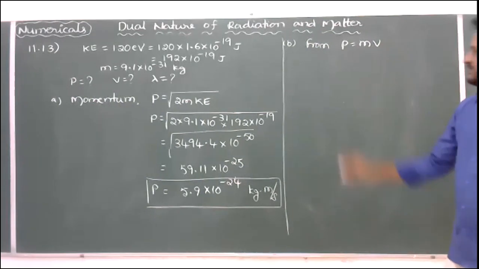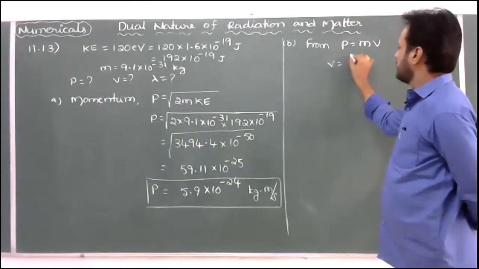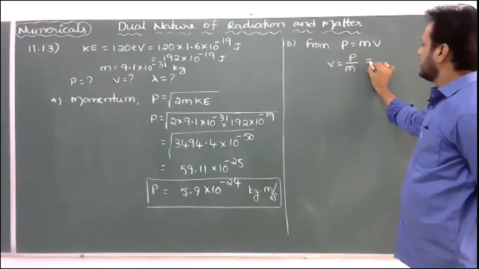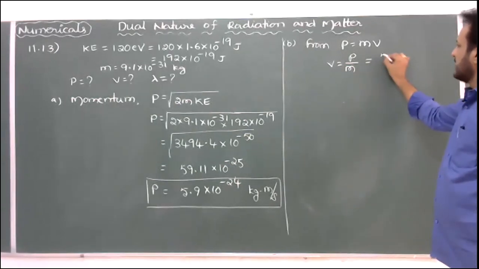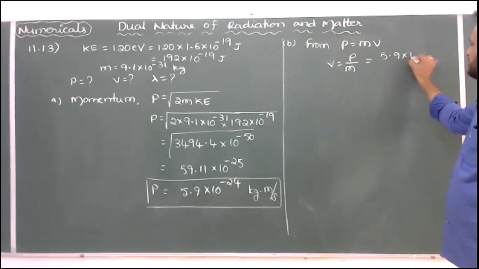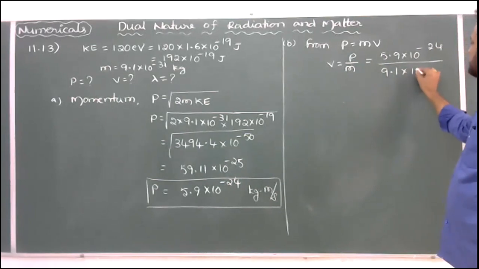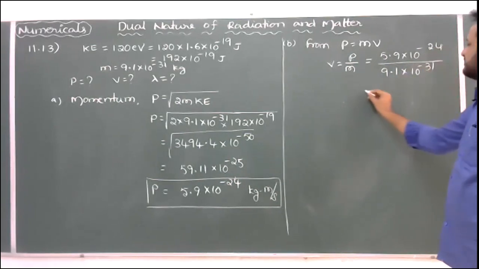Therefore, V is equal to P by M. Here momentum we already calculated: 5.9 into 10 to the power of minus 24 divided by the mass of electron, 9.1 into 10 to the power of minus 31.